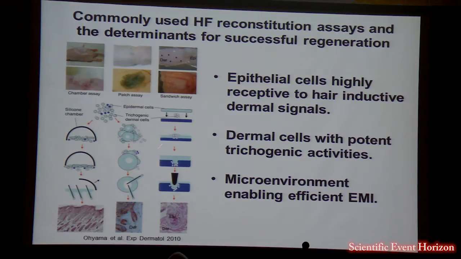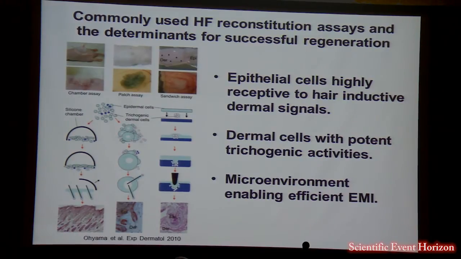So if you take a look at those assays, we can say that there are three components essential to bioengineer hair follicles. One is the epithelial cell component, and ideally it should have the capacity to respond to the hair inductive dermal signal. Another is dermal cells with potent trichogenic activities.